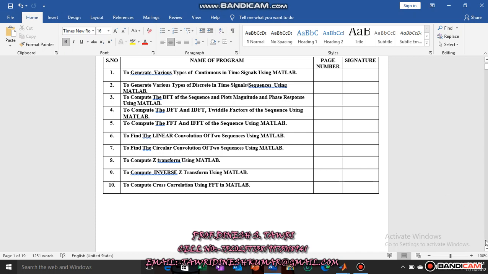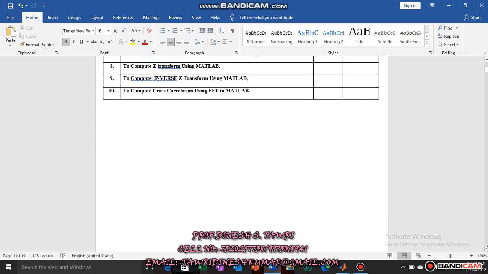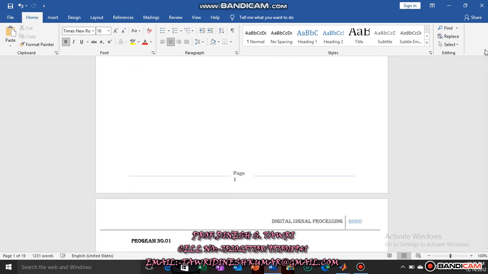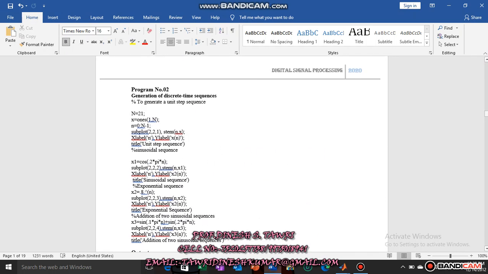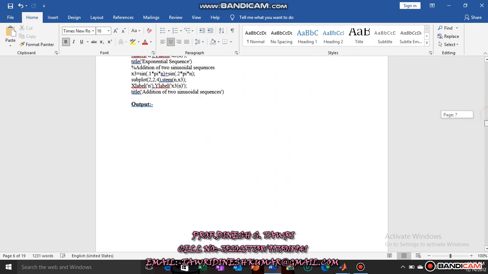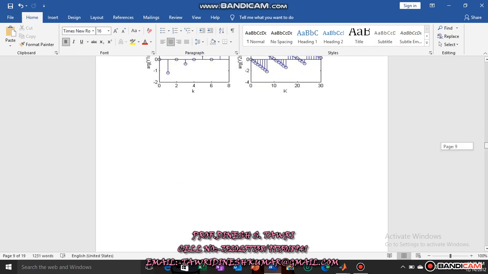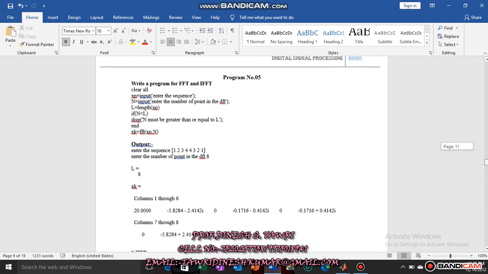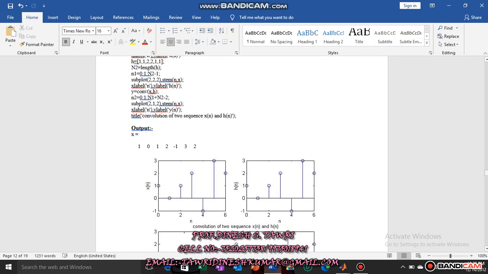Now we will see the program for linear convolution of two sequences. This program is very simple.